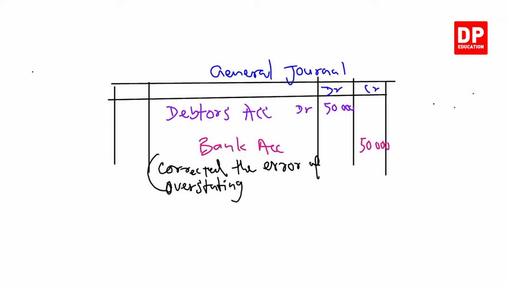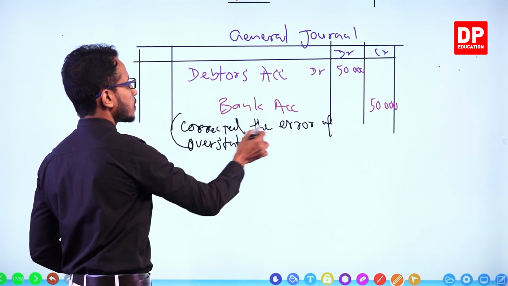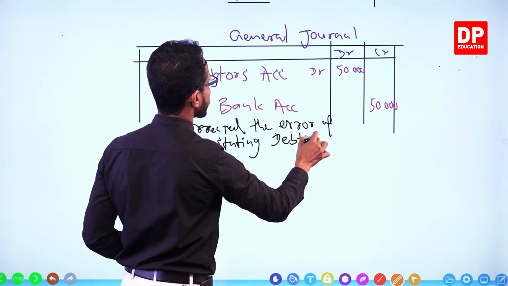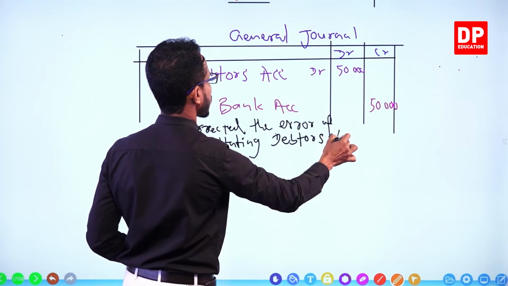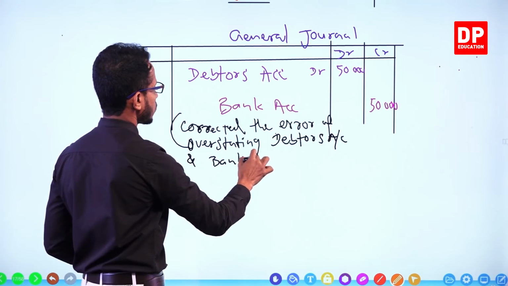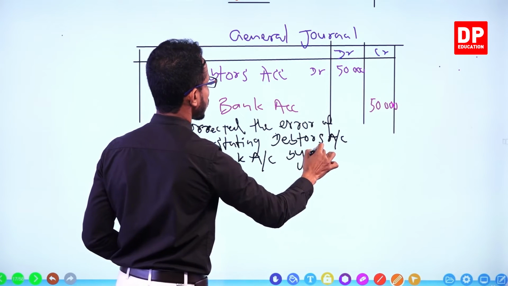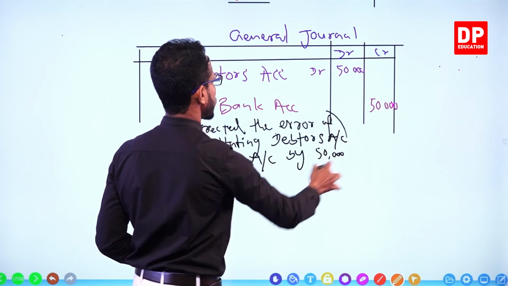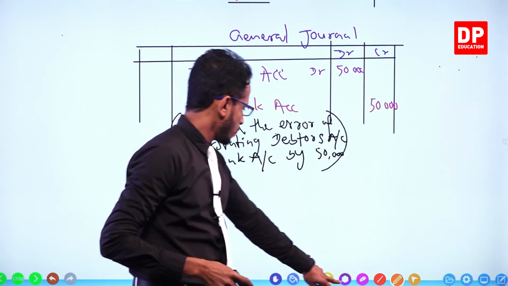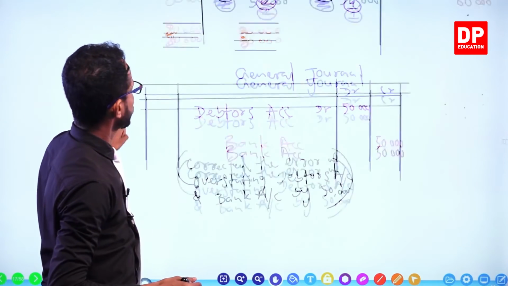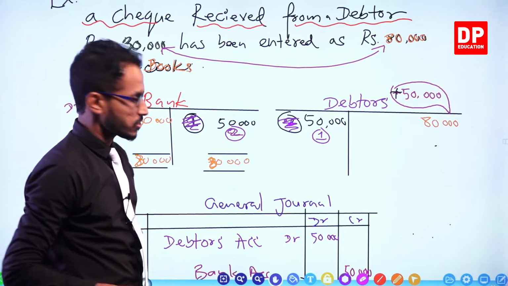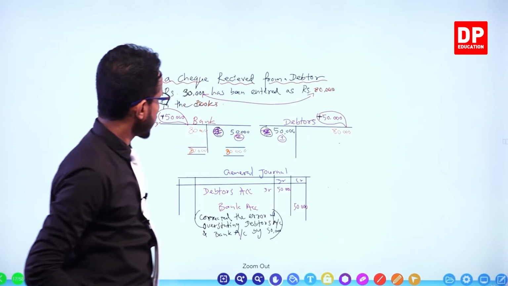Corrected the error of overstating debtors account and bank account by 50,000. This is the narration. There you go. If you want, I'll make it smaller so you can see the entire screen. There you go.